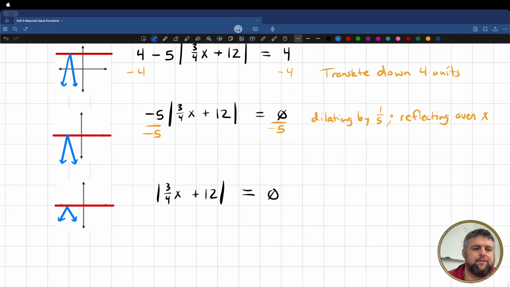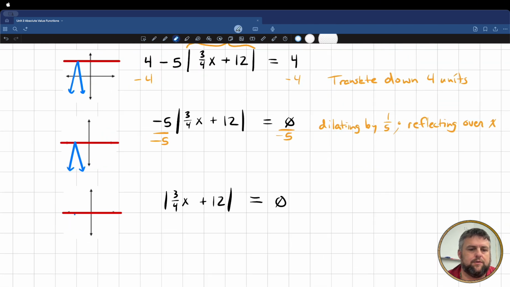Okay, now the final part of this graph, it looks normal. It's just normal, and it's reflected over. So now we have the value where we're looking at, and keep in mind the absolute value part of it should equal 0.